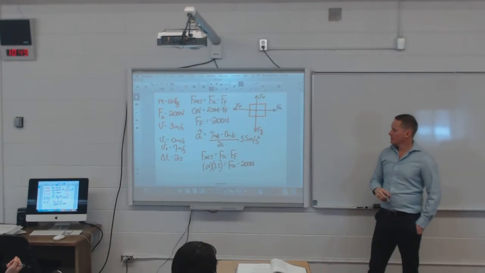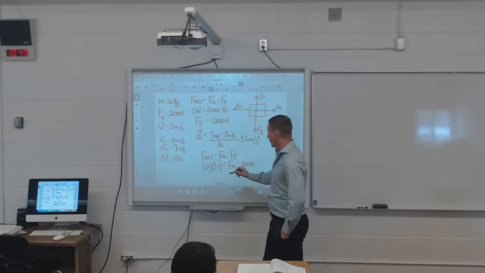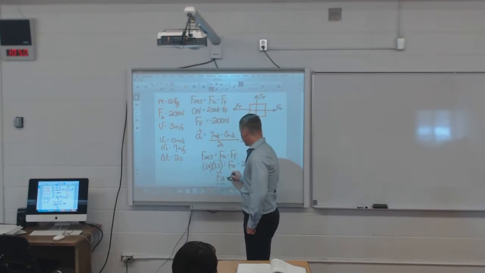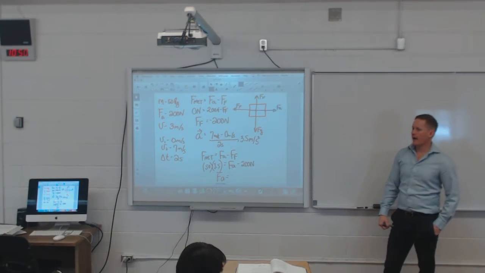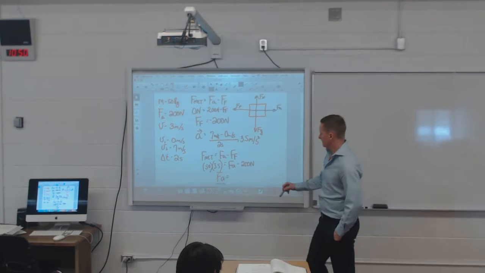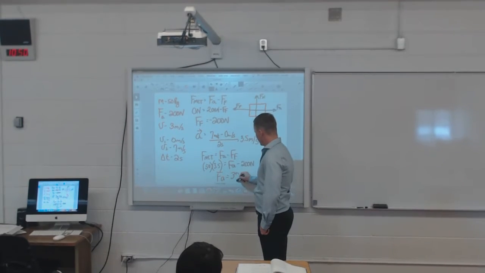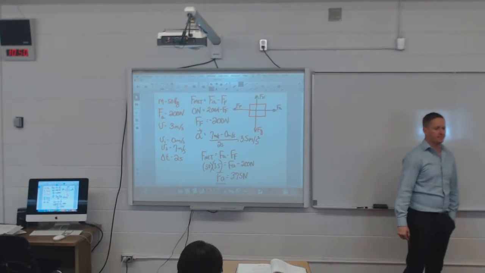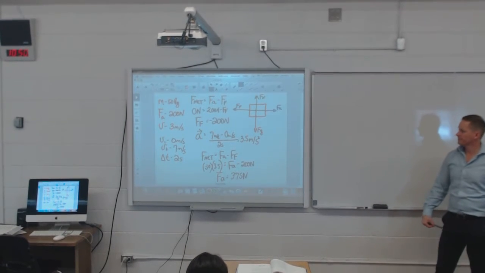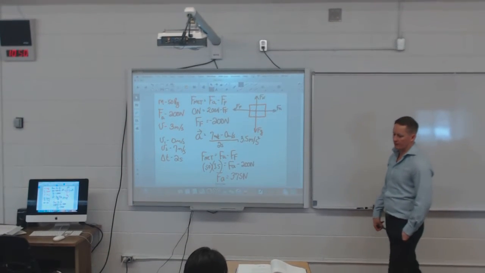So what does the applied force have to be in this case? 200 newtons added on to 50 times 3.5, which is 375 newtons. All right so far?